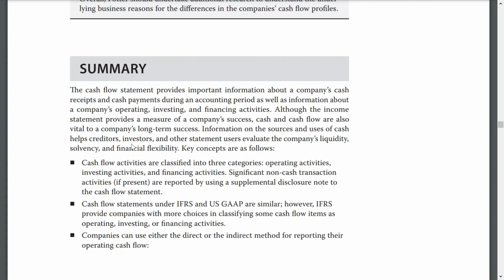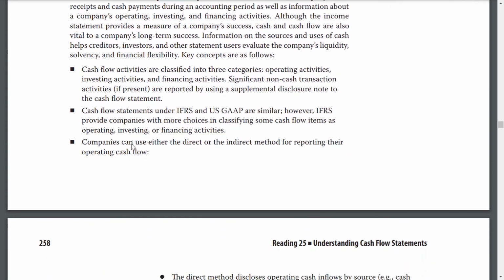Information on the sources and uses of cash helps creditors, investors, and other statement users evaluate the company's liquidity, solvency, and financial flexibility. Key concepts are as follows. Cash flow activities are classified into 3 categories: operating activities, investing activities, and financing activities. Significant non-cash transactions, if present, are reported by using a supplemental disclosure note to the cash flow statement.